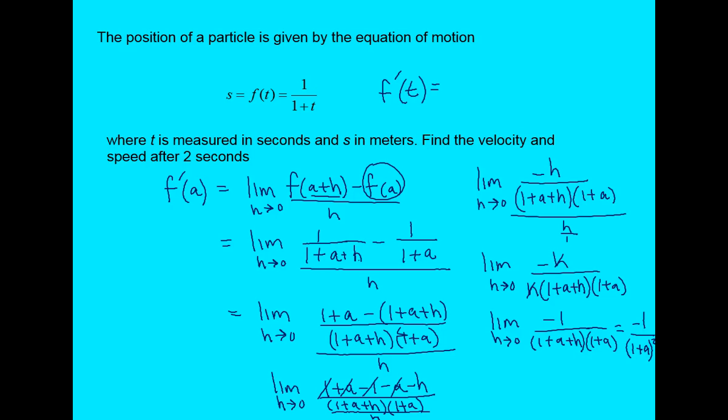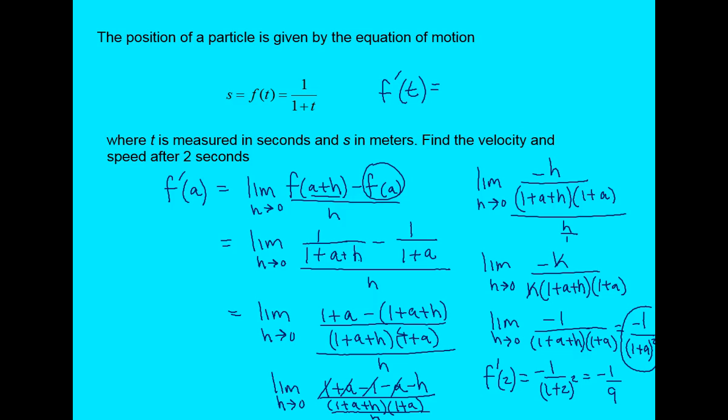We are trying to find the velocity at 2 seconds. So we are trying to find f prime of 2. We are going to plug 2 into our derivative to get negative 1 divided by (1 plus 2) squared, which would be negative 1 over 3 squared, which is 9.